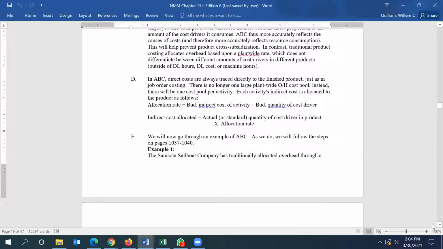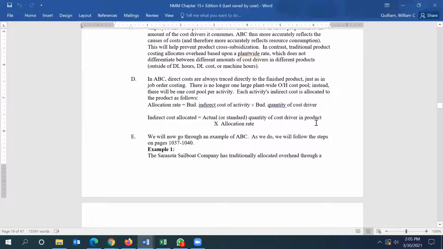And just coming on down here, we saw how to allocate indirect costs, same thing as overhead. We've got the budget or predetermined overhead allocation rate, just as we would have for a great big overhead cost pool on a plant-wide basis. And we allocate that, again, based on the budget indirect cost of the activity, divided by the budget quantity of the cost driver.